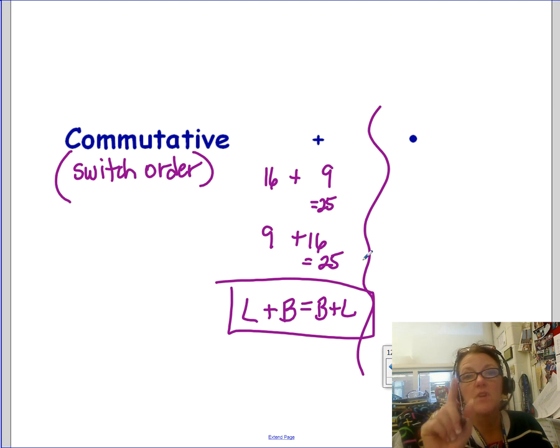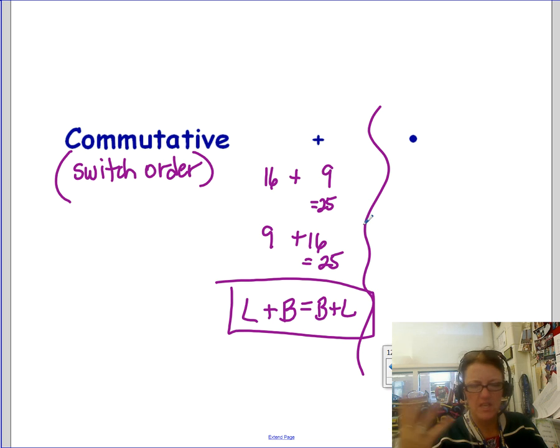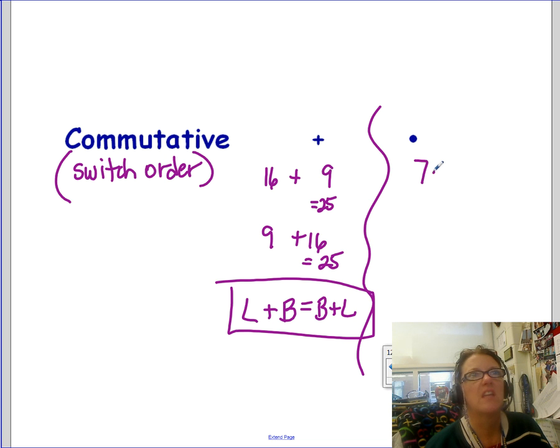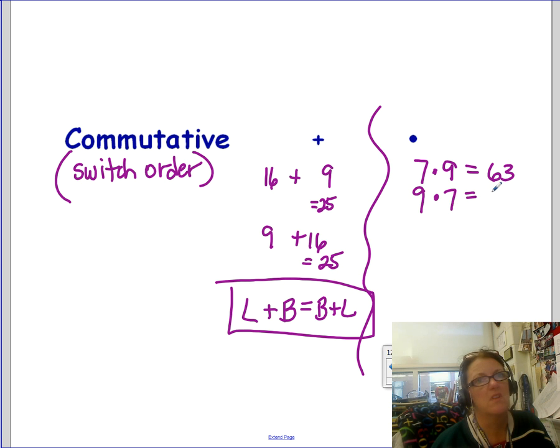The same thing works for multiplication. Let's pick two numbers, like 7 and 9. 7 times 9 equals 63. And what about 9 times 7? Well, that's still 63. You're exactly right. Once again, the order doesn't matter.